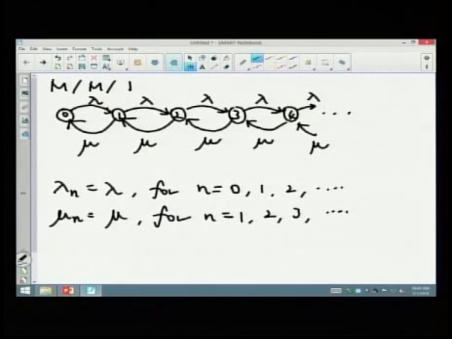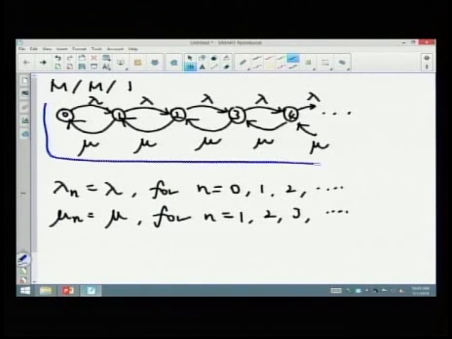Now, what you can see here from this diagram is that this is a birth-death process, obviously, right? Because the state of the system increases by 1 or decreases by 1 at a time. And we are also assuming that the arrival of customers is independent from the service of customers.